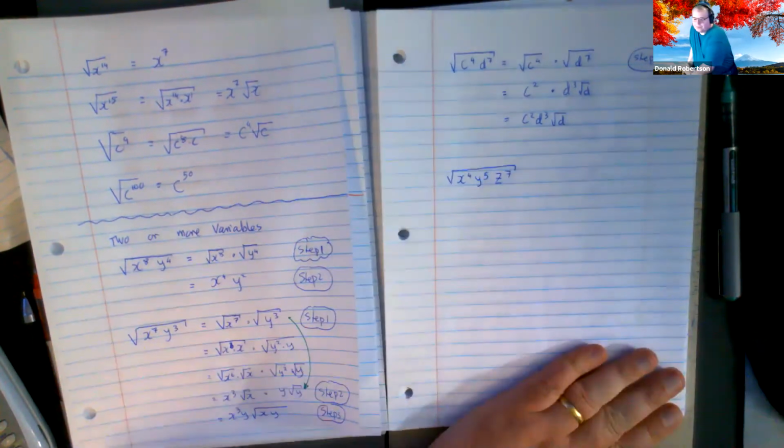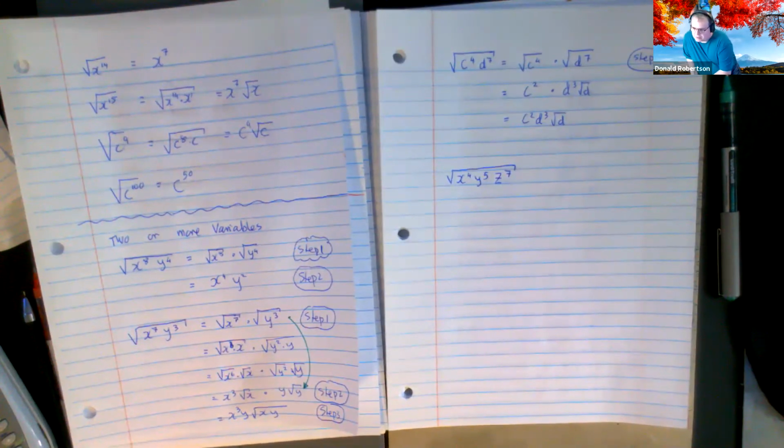Here's 3 variables, which is typically about the most you would expect to see. We're going to simplify the square root of x to the 4, y to the 5, and z to the 7.